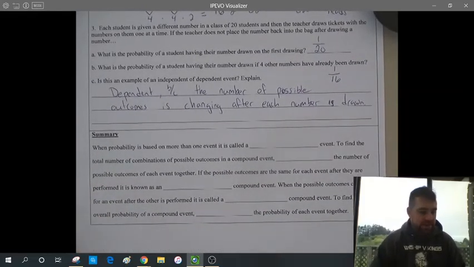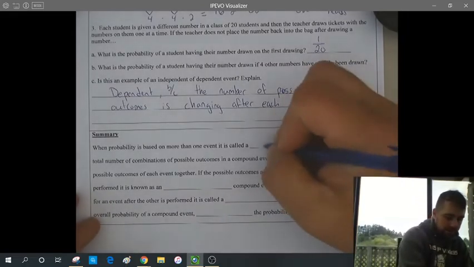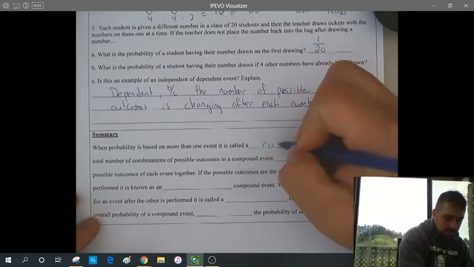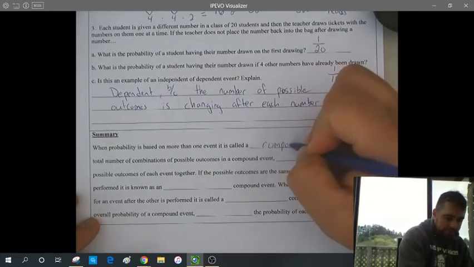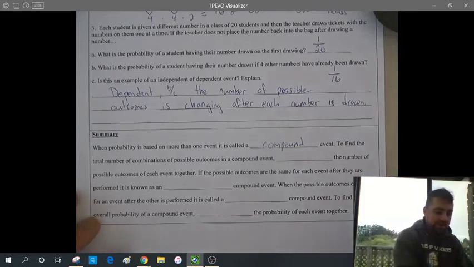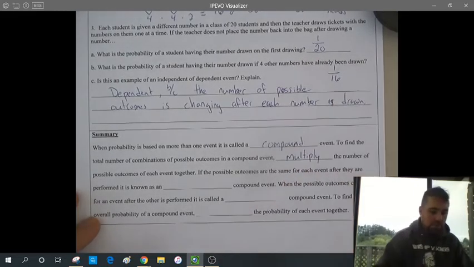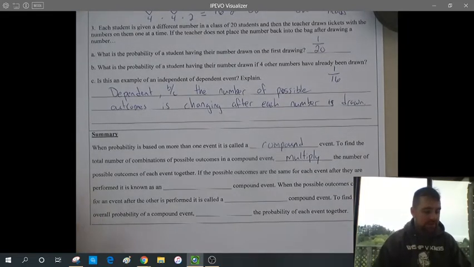Okay, and then finally in summary, when probability is based on more than one event, it is called a compound event. To find the total number of combinations of possible outcomes in a compound event, we multiply the number of possible outcomes of each event together.